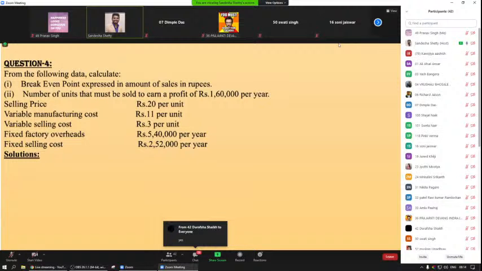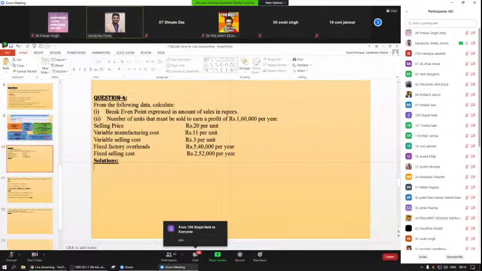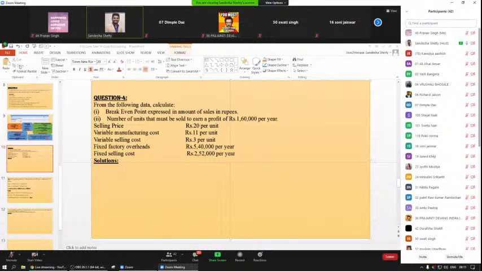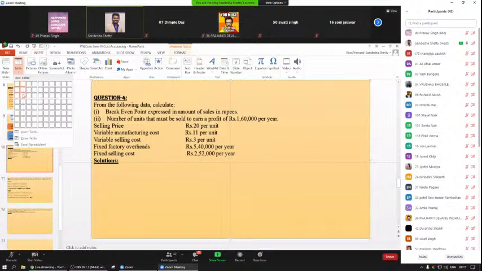First thing is that you have to go for a table. Let's insert one table. That will be the working note table.